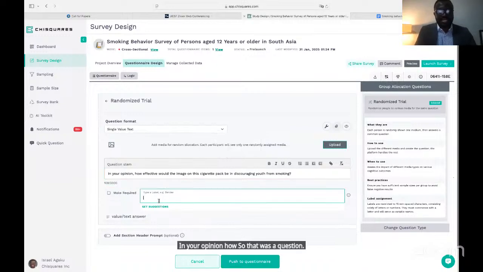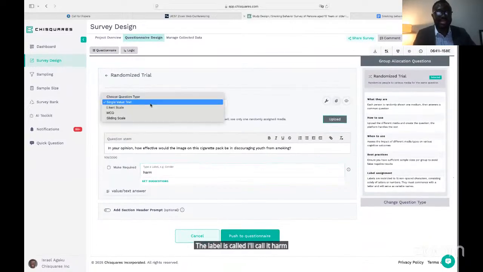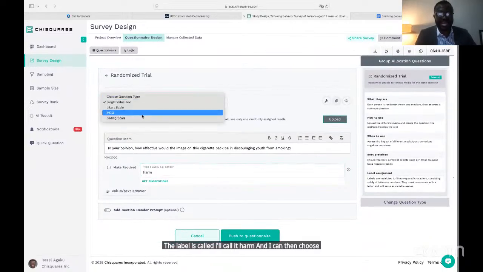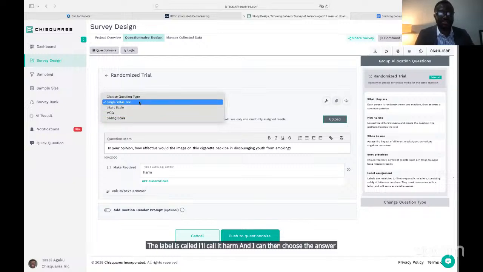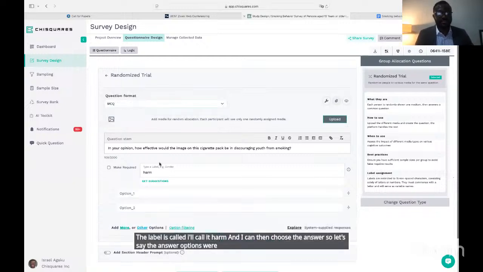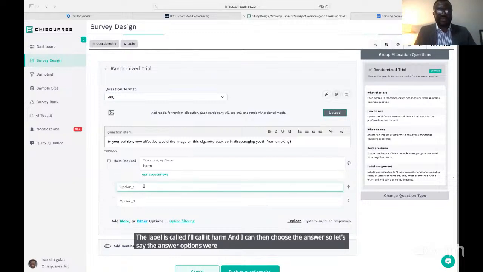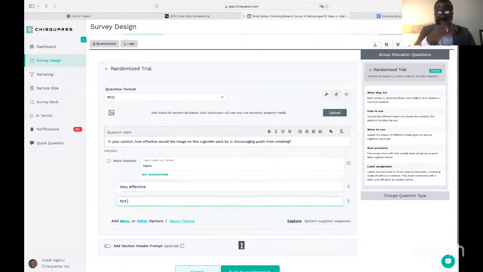The label is called, I'll call it harm. And I can then choose the answers. So let's say the answer options were very effective, somewhat effective. I'm just going to use two options, just for illustrative purposes, right?